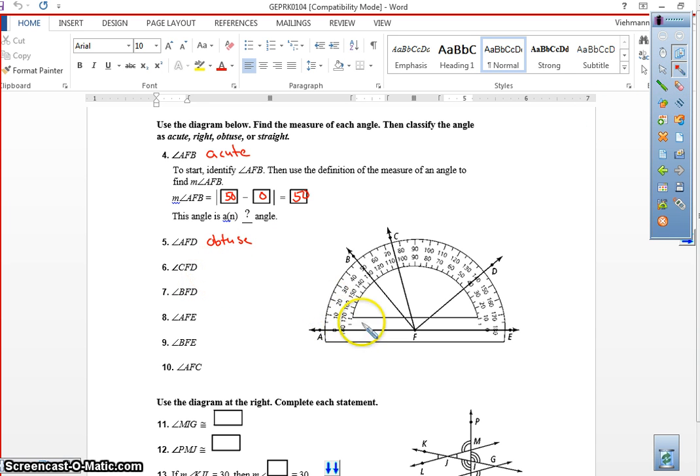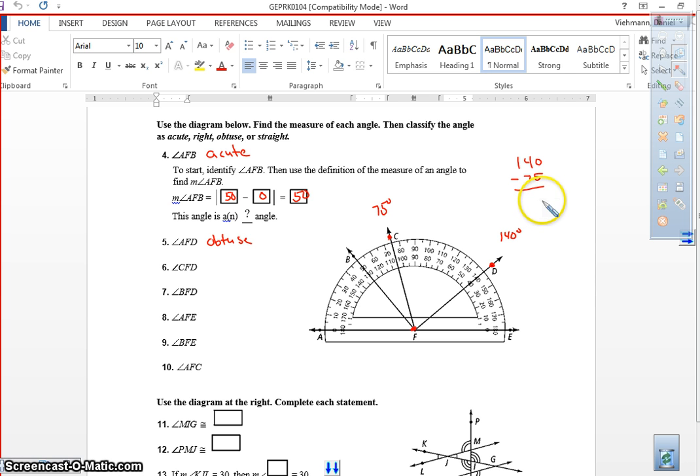All right, number 6, angle CFD. So here we will start at 75 degrees, work our way around to 140 degrees. So we'll take 140 and subtract 75, and what do we get, class? 60.